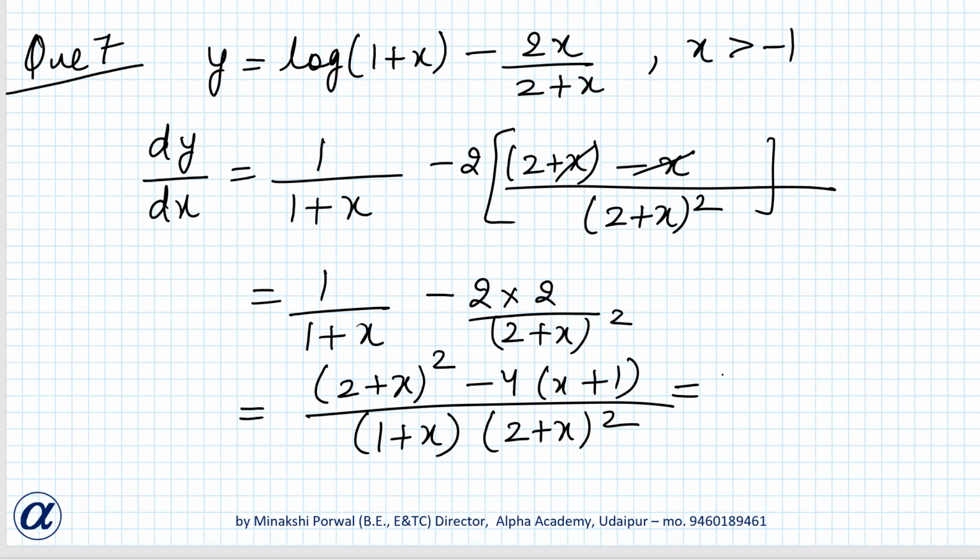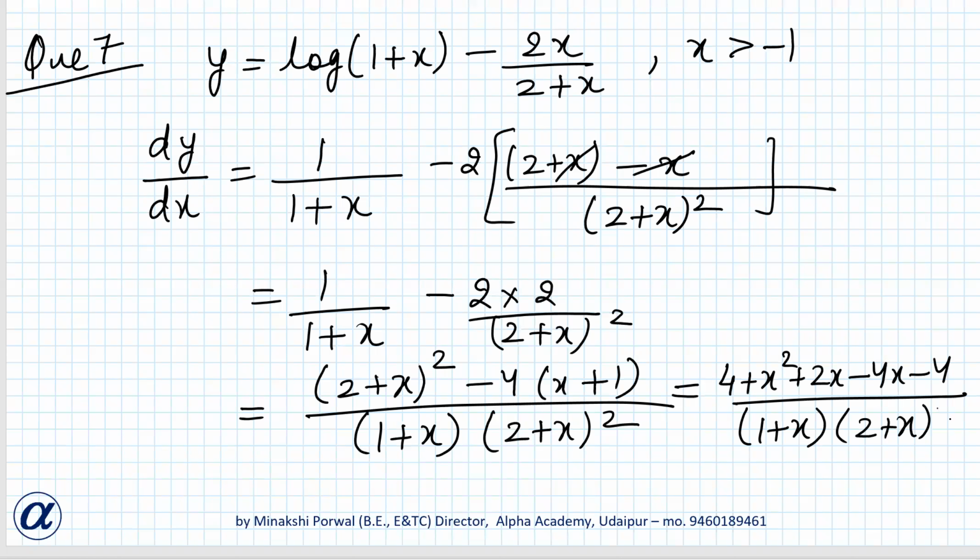When we solve this, 4 plus x square plus 4x minus 4x minus 4 upon 1 plus x into 2 plus x the whole square. The 4s cancel, and 4x and 4x cancel, leaving x square by 1 plus x into 2 plus x the whole square.